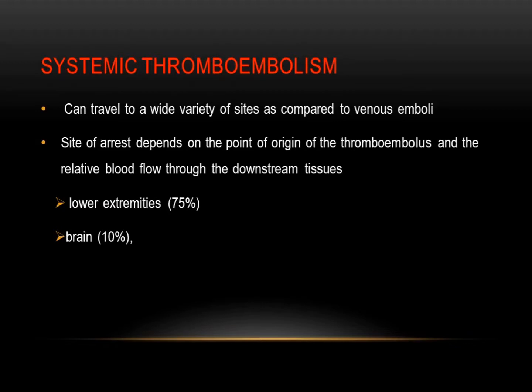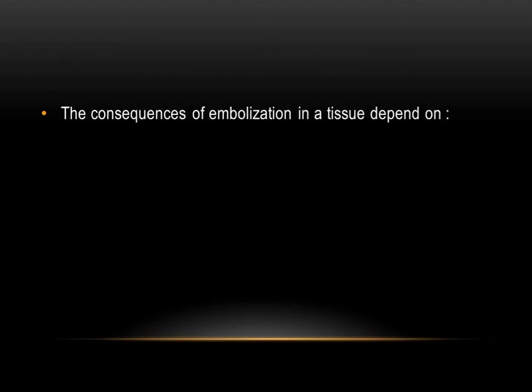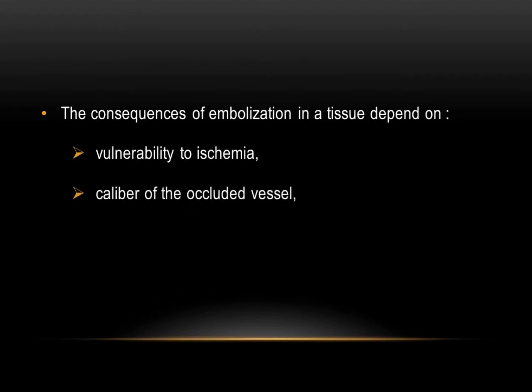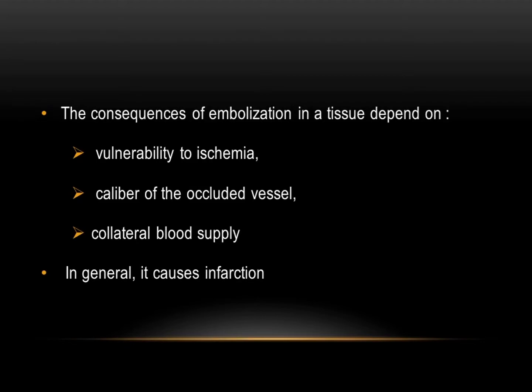Intestines, kidneys and spleen are less common targets. The consequences of embolization in a tissue depend on: first, vulnerability to ischemia; second, caliber of the occluded vessel; third, collateral blood supply. In general, systemic thromboemboli lodge in end arteries and cause infarction.